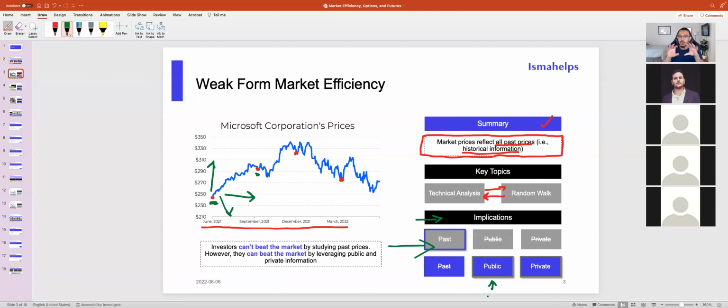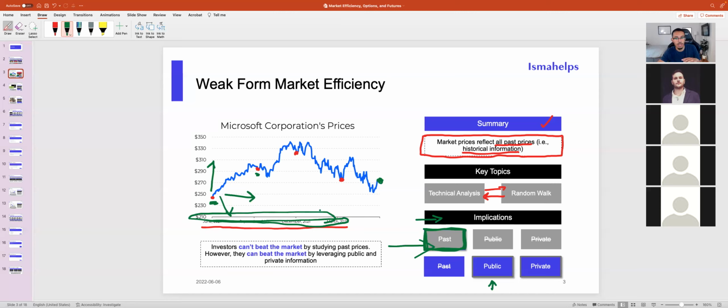What's highlighted in blue in those gray boxes is telling you that everything historical, historical prices, past information, will be essentially priced into a stock. So the price of Microsoft's stock right here has priced in all of its previous prices.